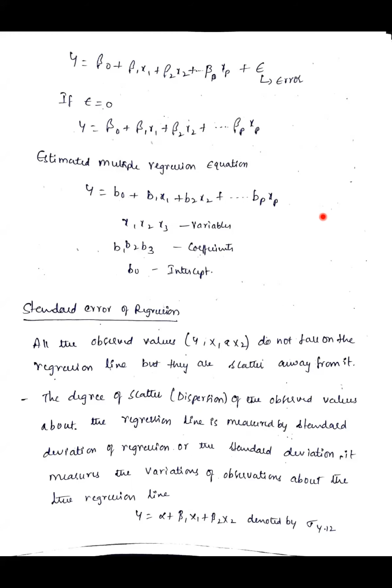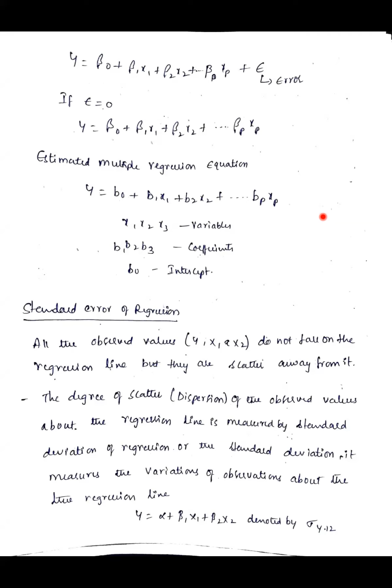And the multiple regression equation can be expressed as y is equal to beta 0 plus beta 1 x1 plus beta 2 x2 and so on up to beta p xp plus e. This e indicates the error of regression.